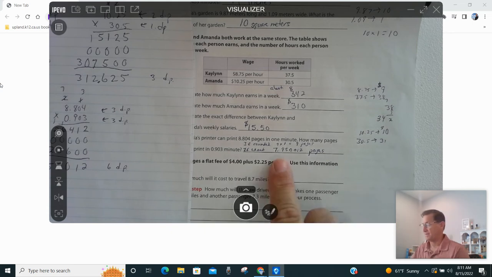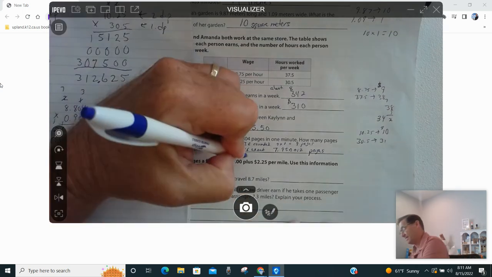So if we're looking at complete pages in that amount of time, complete pages would be 7.